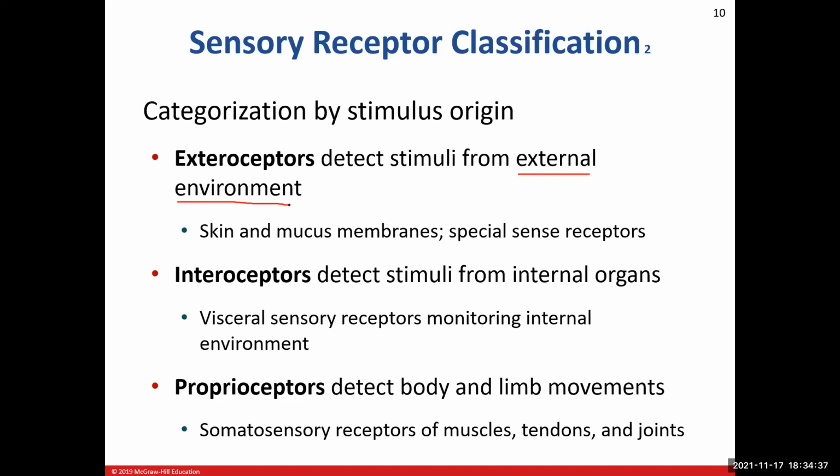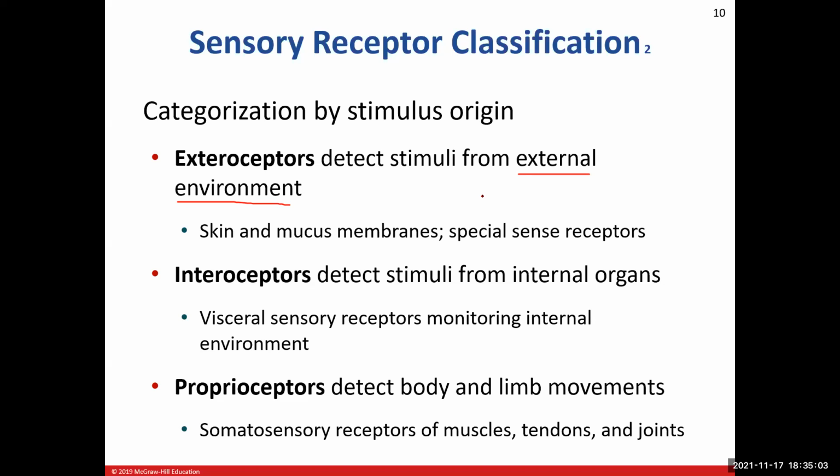Skin and mucous membranes do that. And also our special sense receptors. Vision, that's picking up everything outside of our body. Taste, same thing, even though we have some food or drink that's in our mouth that came from outside of our body. Smell, same thing. So exterior receptors include your special sense receptors.